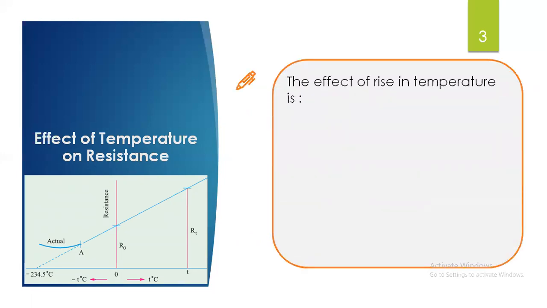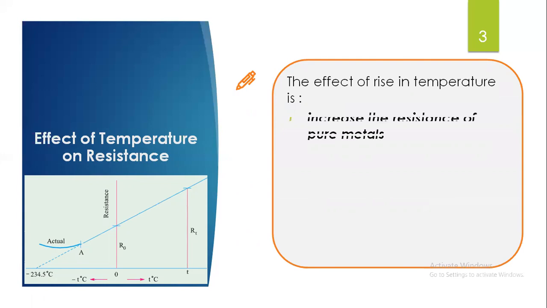The first effect of rise in temperature is to increase the resistance of pure metals. The increase is large and fairly regular for normal ranges of temperature.